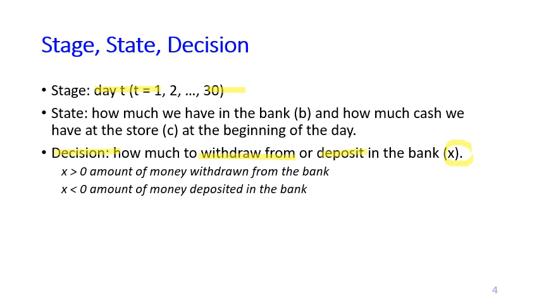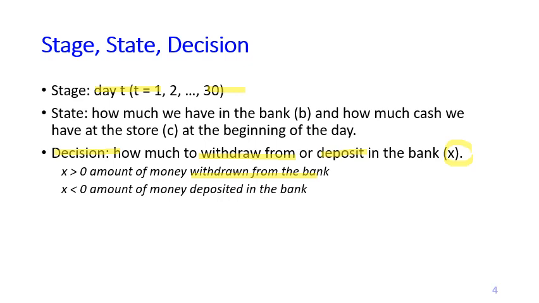The convention here is that if x is positive, it means that you withdraw money from the bank, because you get more money. x negative means that you deposit the money, because now your money becomes less.